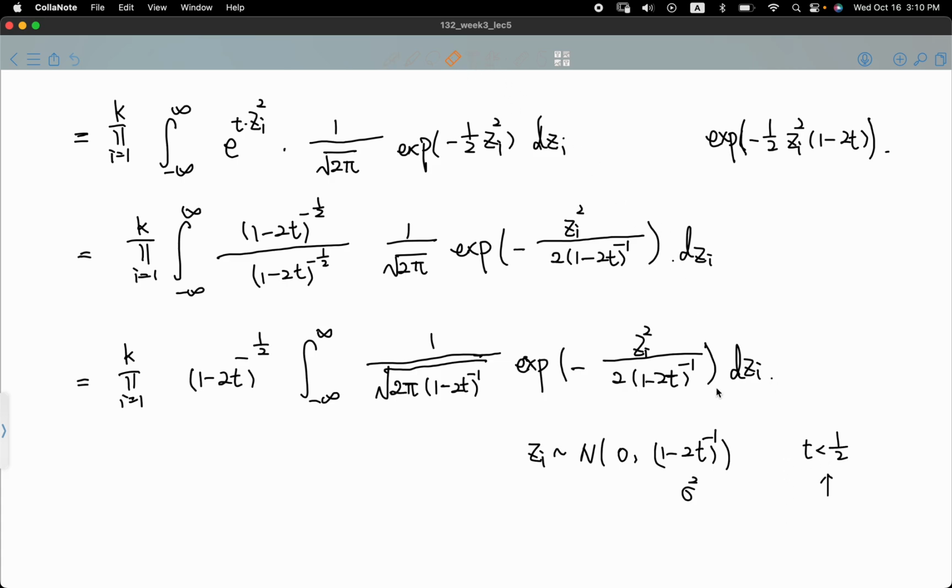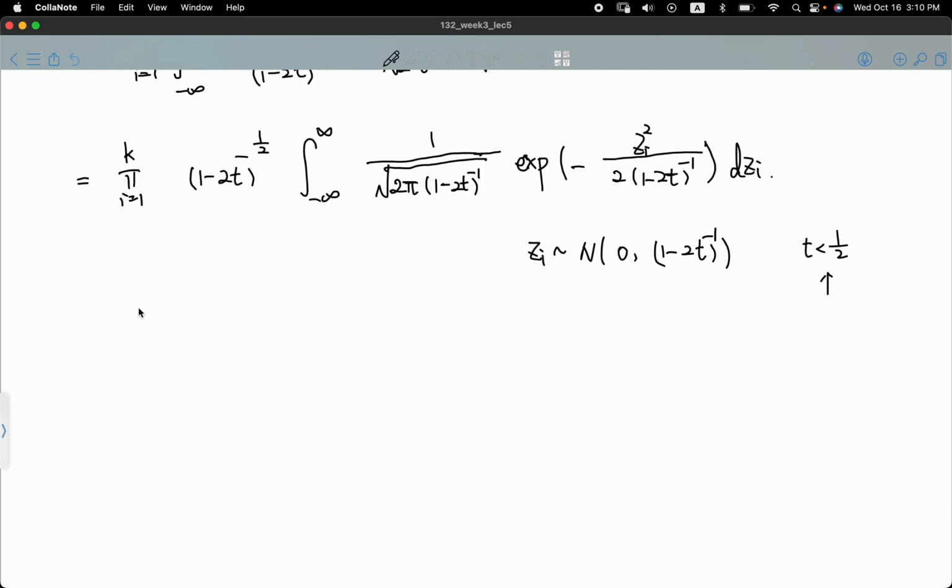But the point here is that the integral here is a normal distribution, not standard anymore, because the variance is not 1, but it's still going to be a density function. So your result should be the product from 1 to k of 1 minus 2t to the negative 1/2, as this integrates from negative infinity to positive infinity equal to 1.